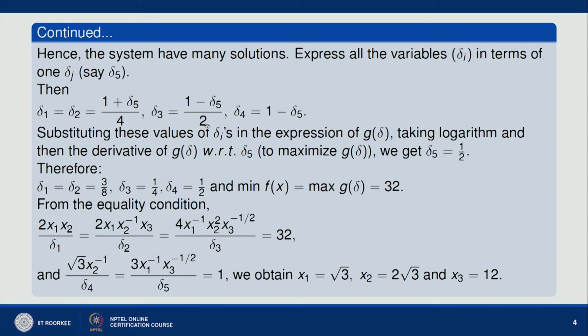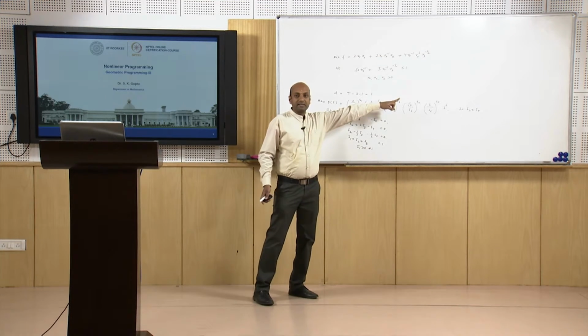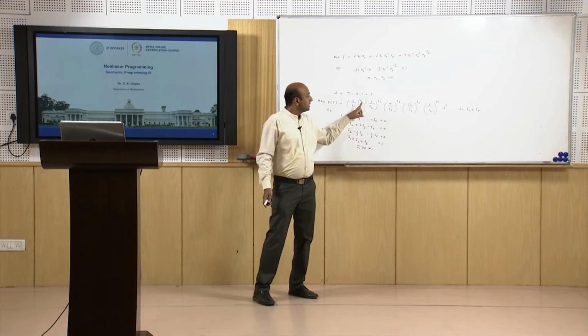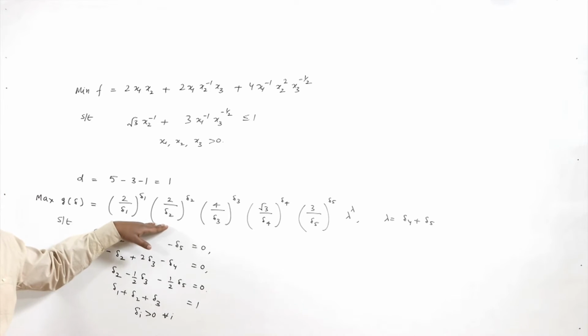Then we will substitute all these values of delta 1, delta 2, delta 3 and delta 4 in G delta. In this expression we substitute all the values of deltas. Then this function will be in only one variable, that is delta 5.